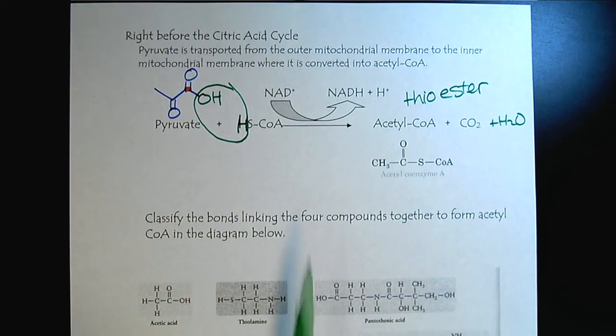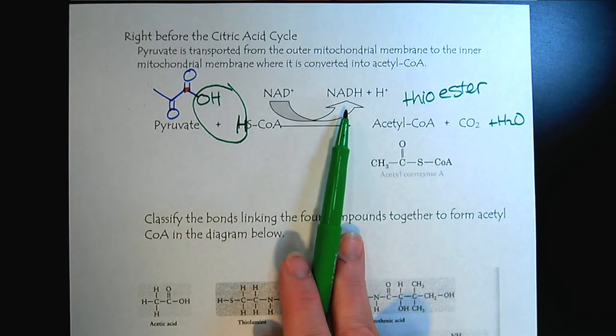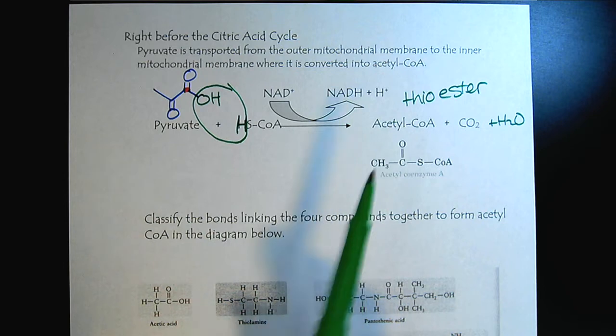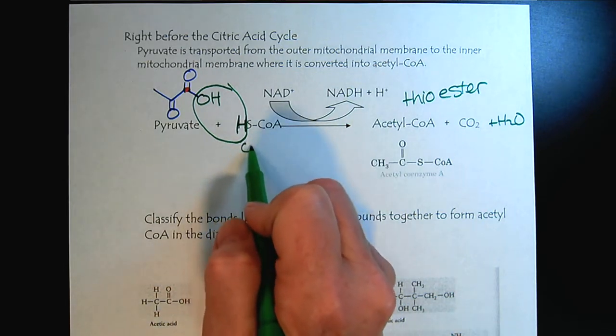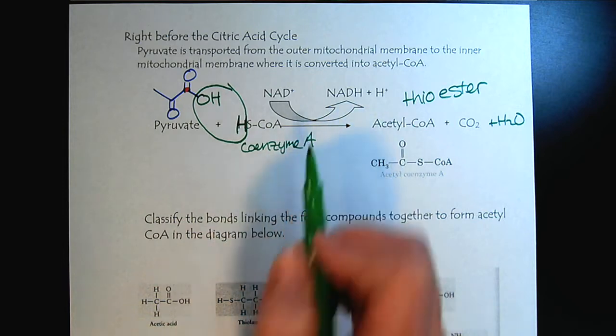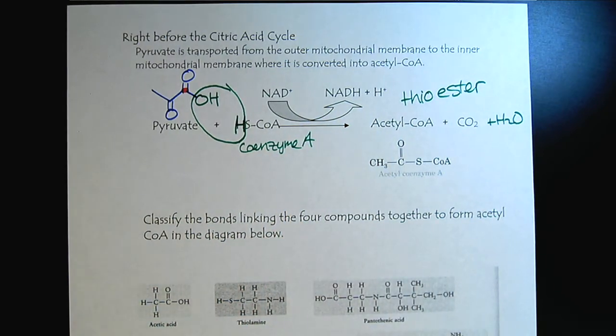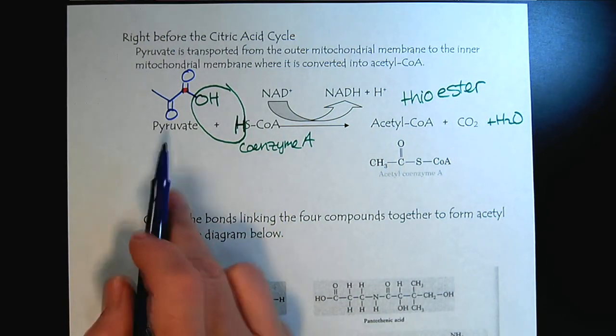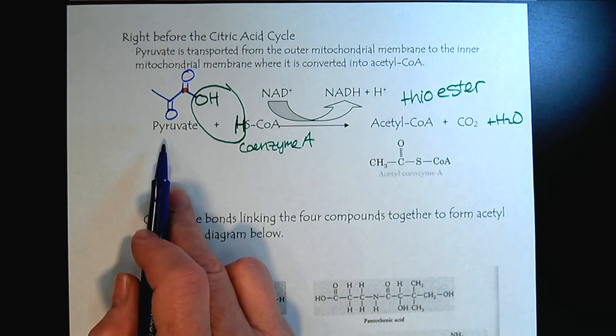Notice in the process we do produce a reduced coenzyme, and this substance here is coenzyme A. We've already talked about this, and this will fill in the blanks for the lipids.